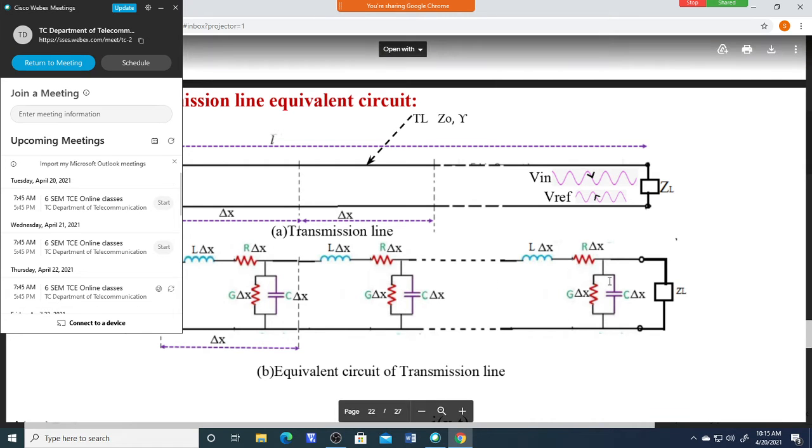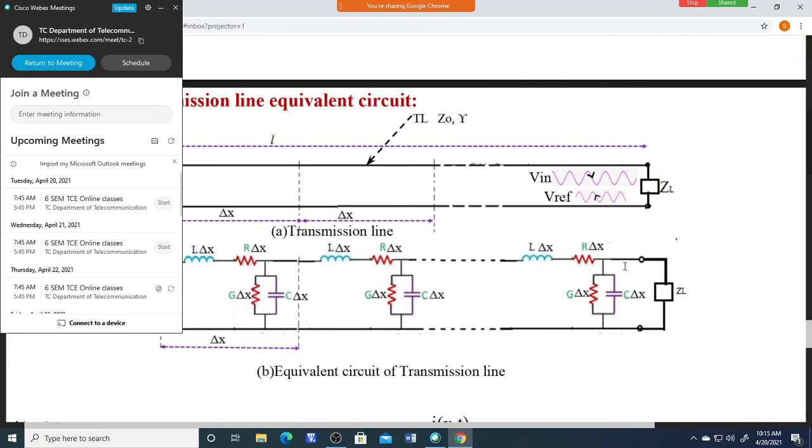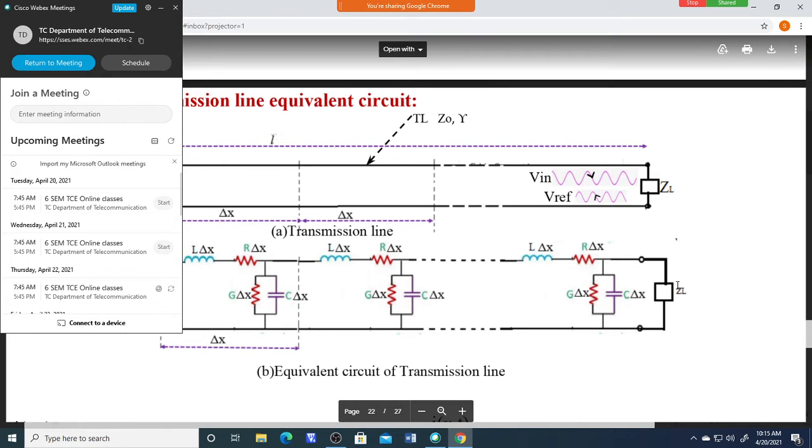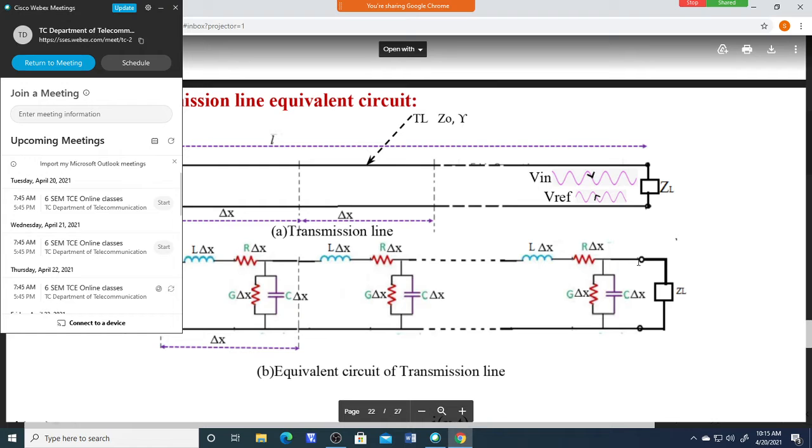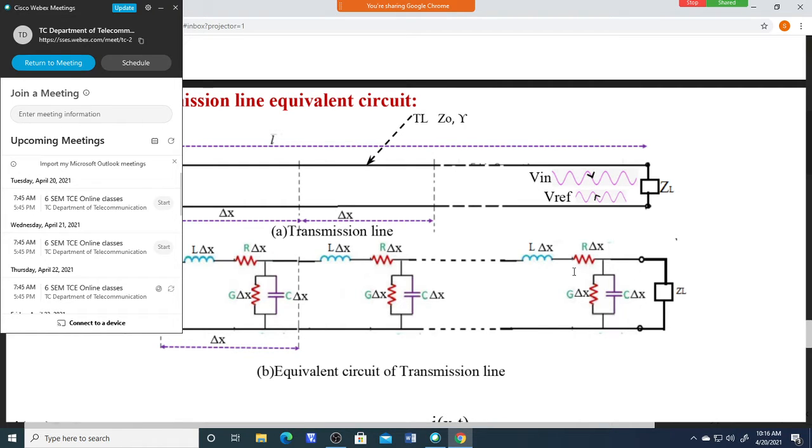We cannot simply treat it as a short. It is a combination of all these. Our signal traveling over that passes through all these components. Because of that, there is a decrease in the amplitude of the signal and a change in the phase of the signal by the time it is delivered to ZL. Based on the length of this line, the amplitude and phase of the signal coming out here depend on the overall length.